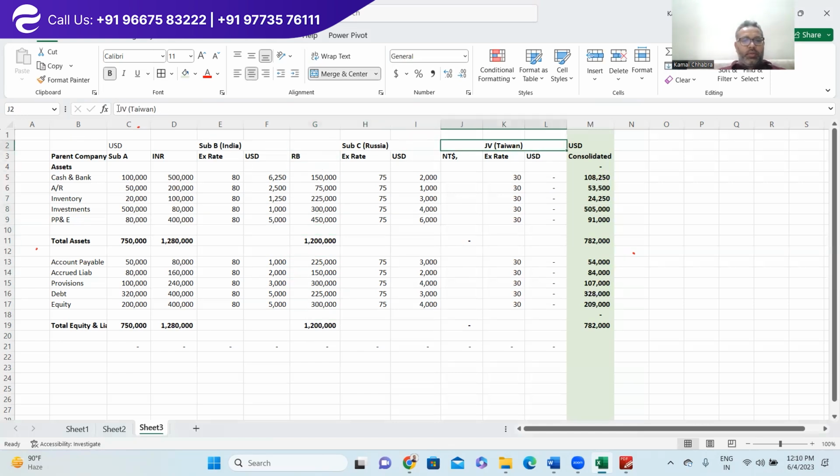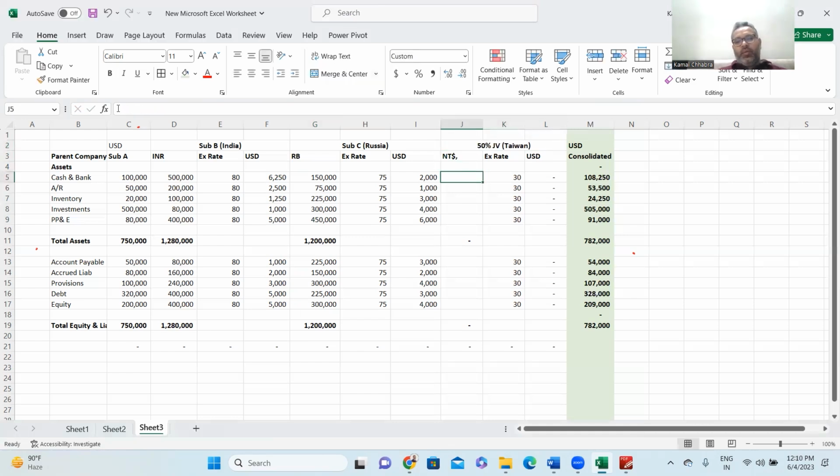Taiwan is your 50 percent JV. So now we are saying 50% of the Taiwan JV numbers we are putting here, right? Because 50% will go to someone else. So let's assume this is 90,000, 60,000, 45,000, 20,000, 150,000.